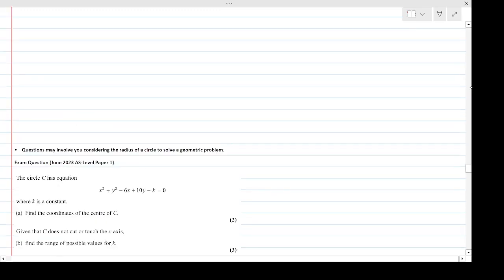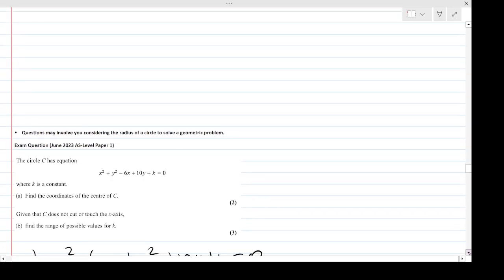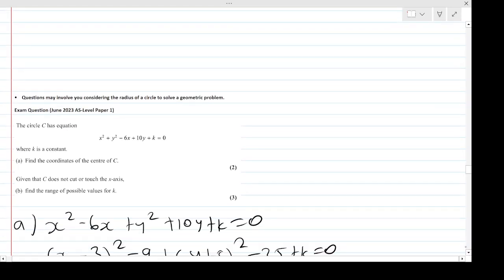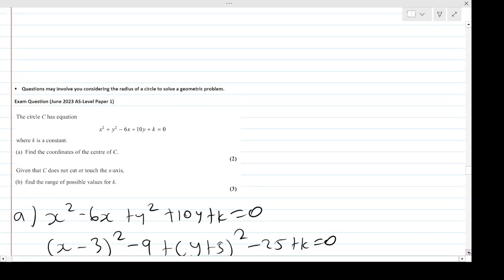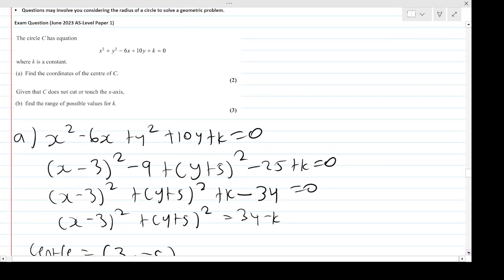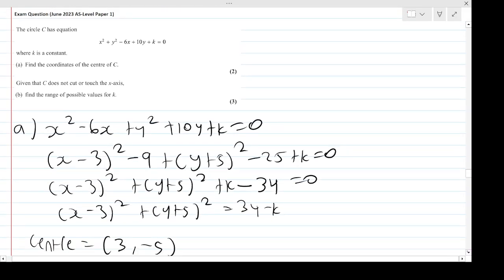Part B then. Given that C, the circle, does not cut or touch the x-axis, find the range of possible values of k. So this is the sort of geometric stuff, and in these sort of examples, it really is a good idea to sketch the circle of what you're given.